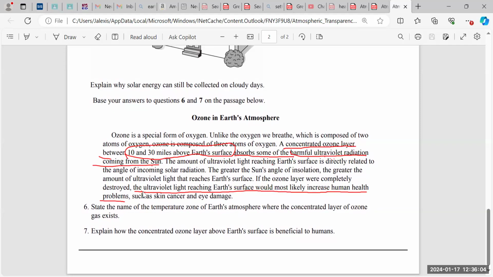What I just underlined, basically, especially in red, is your answer for number 7. It protects us from harmful ultraviolet radiation. That is the benefit of the ozone layer. It protects us from harmful ultraviolet radiation. All right. Which means that this ultraviolet radiation could cause skin cancer and eye damage. Okay.